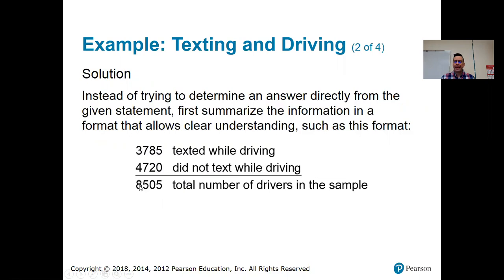So there must have been 8,505 total people in this study. Okay. So again, using the classical approach, we're going to say the probability that the selected driver texted while driving is going to be the number of people who texted, 3,785, divided by the total number of people, which is the 8,505.